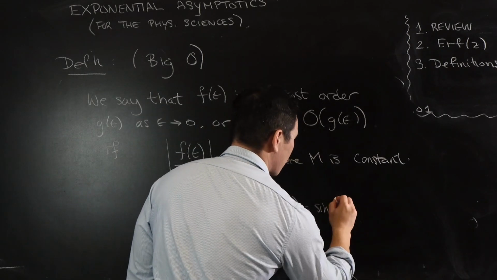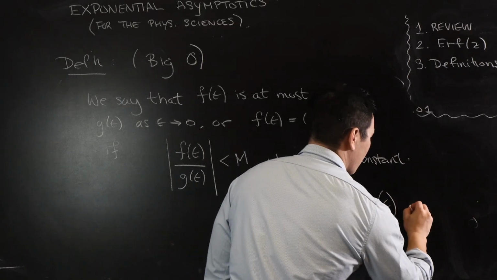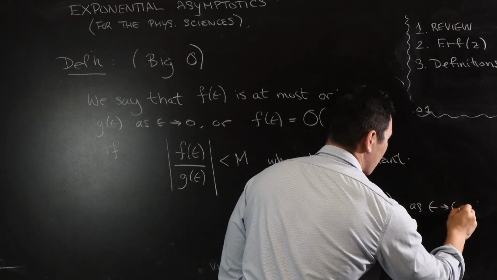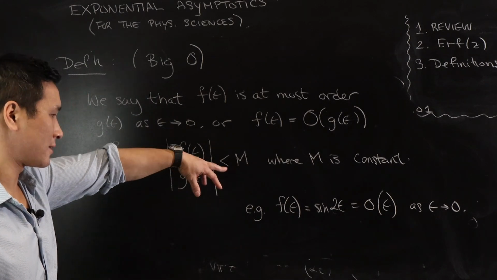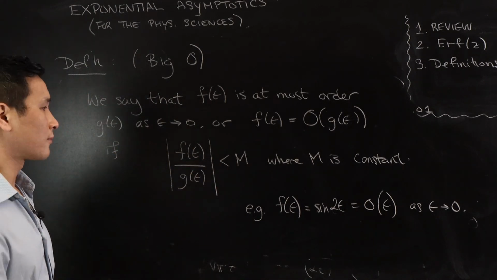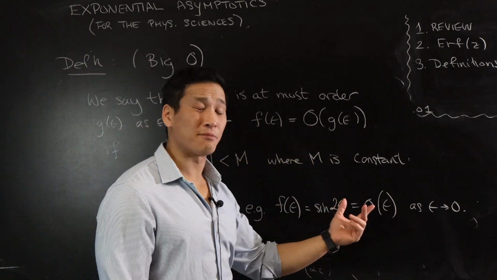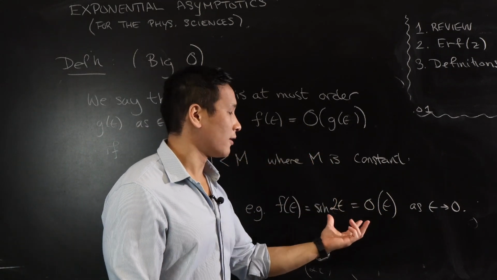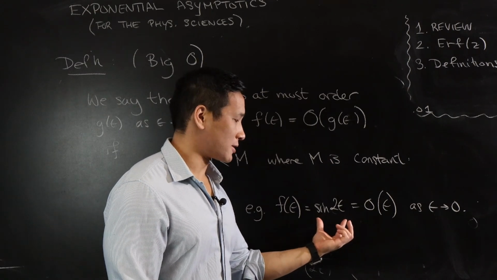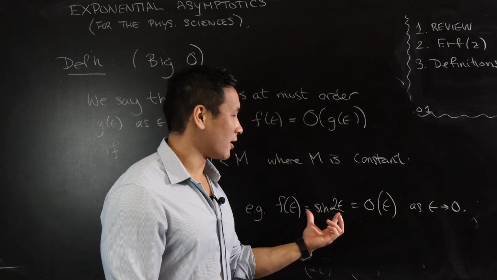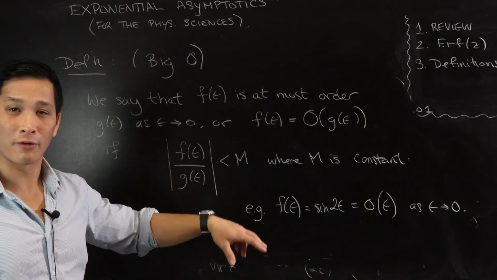Let's do sine of 2 epsilon is of order epsilon, as epsilon tends to 0, because that ratio then is less than 2. So the point is that this big O captures the kind of power law behavior of the function, whereas if you want to write twiddles, then you would have to make sure that the prefactor is exactly 1. Okay?